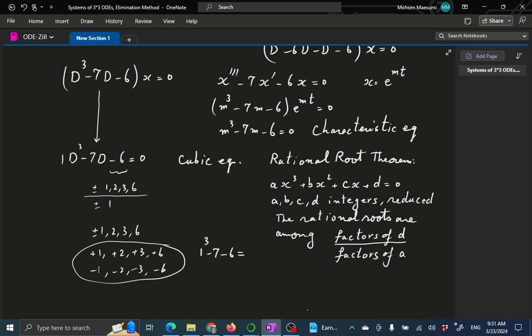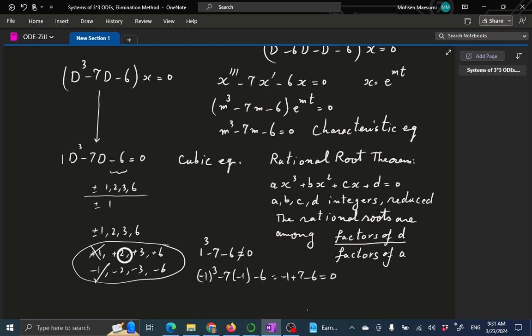Is that 0? Obviously not, so that is not a root. How about minus 1? Minus 1 cubed minus 7 times minus 1 minus 6. It's minus 1 plus 7 minus 6. That is 0. So we got lucky that on the second attempt we found something.